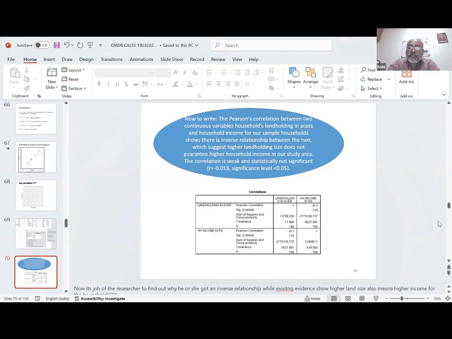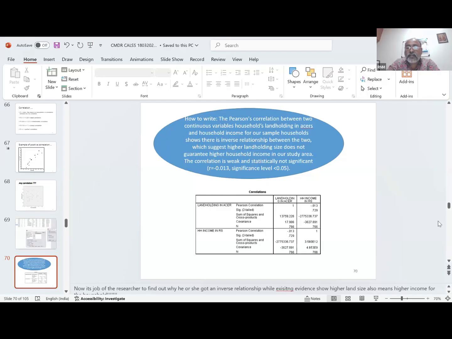Still I am drawing this inference. This is the problem, because even if I found something and showed that this is not an appropriate relation, somebody may ask why I have done this exercise.